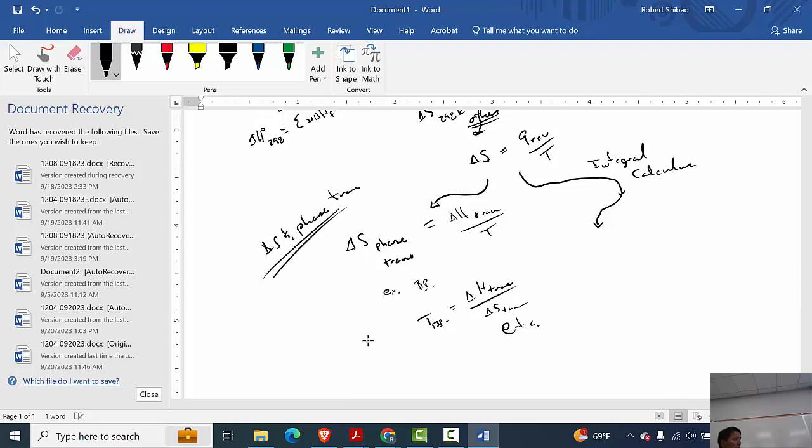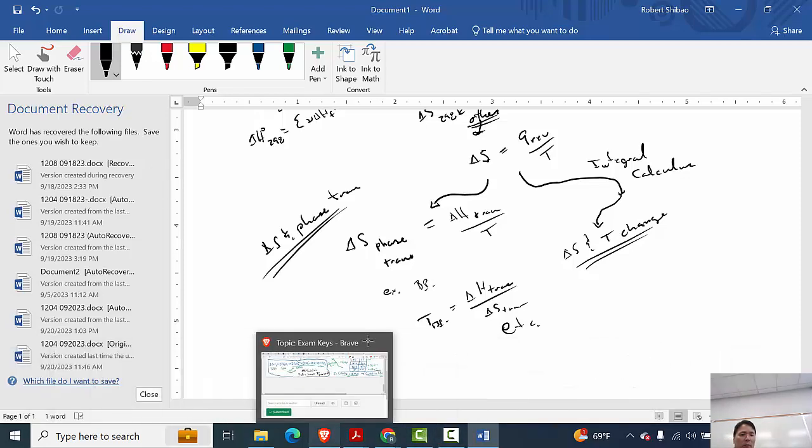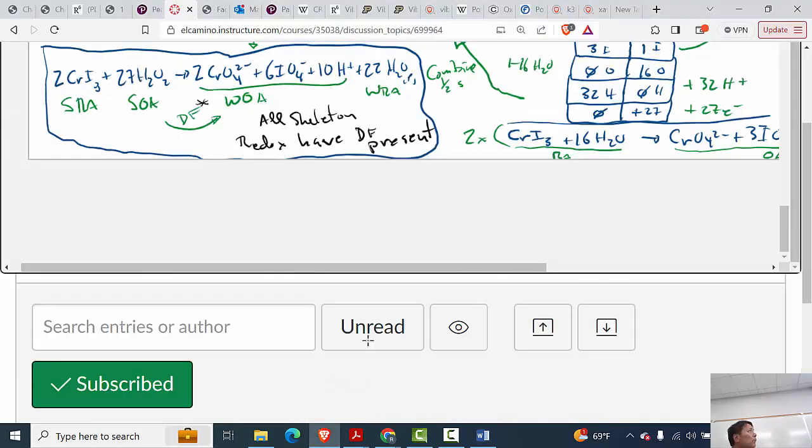We can use this. The next one will be delta S in a temperature change. We have the equation here. Let me show you.